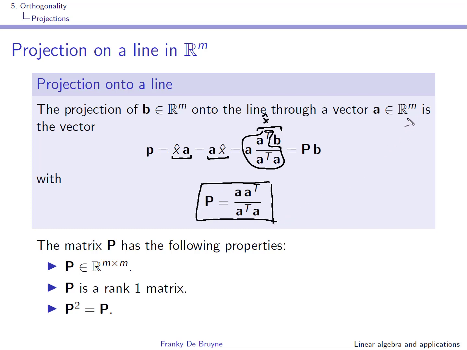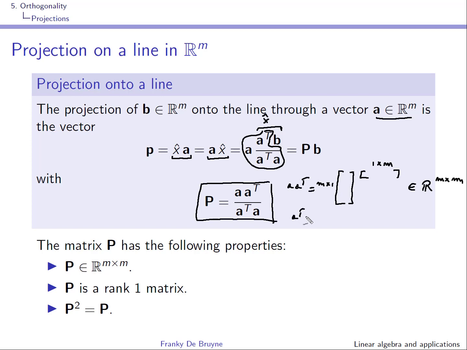So remember that A is a column vector in Rm. So here on the numerator you have a column vector times its transpose. This is m times 1, and this is 1 times m. So this must be a matrix in R m times m. Okay, so this is A transpose.